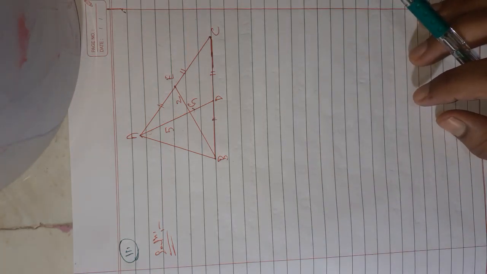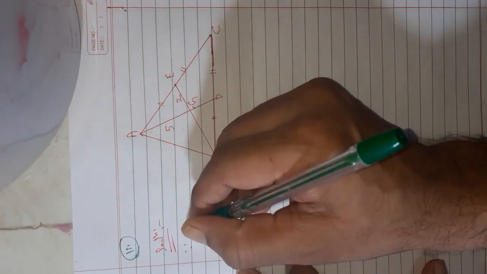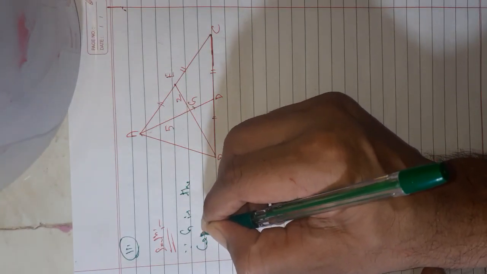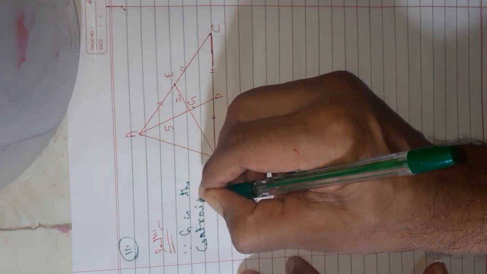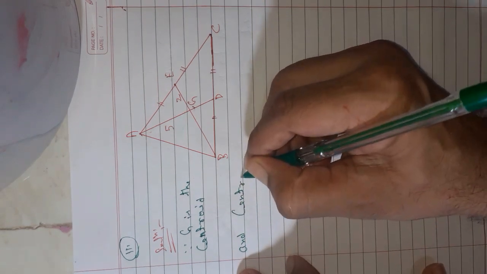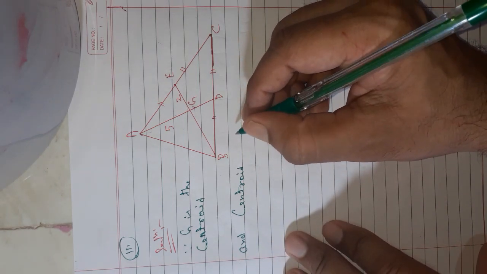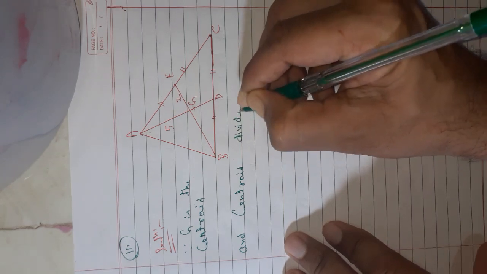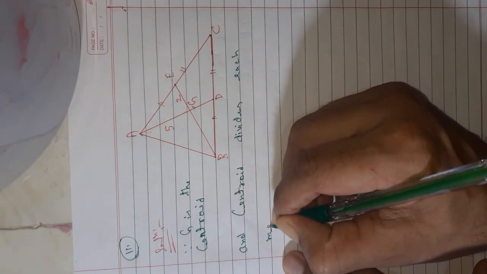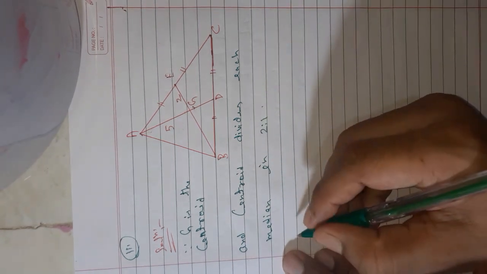Medians intersect at the point G, the centroid. Okay, so what happens, since G is the centroid, the centroid divides each median in 2:1.